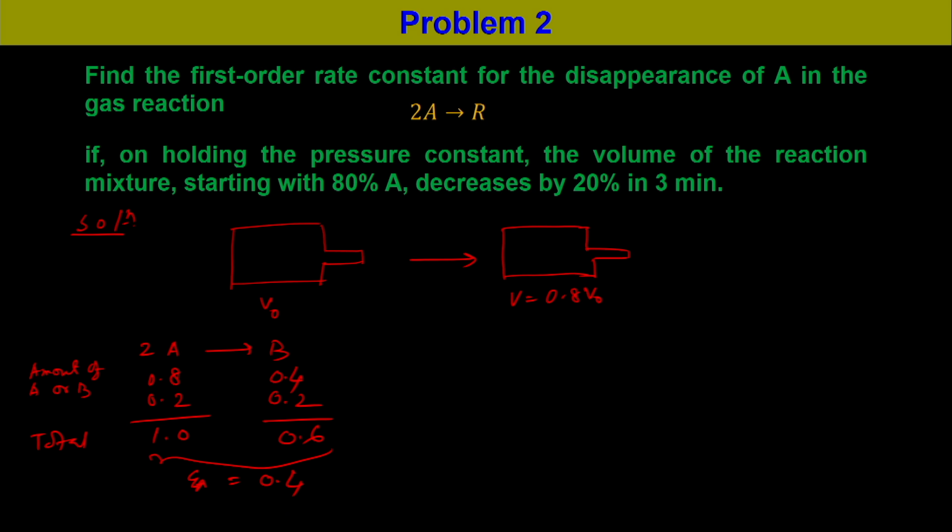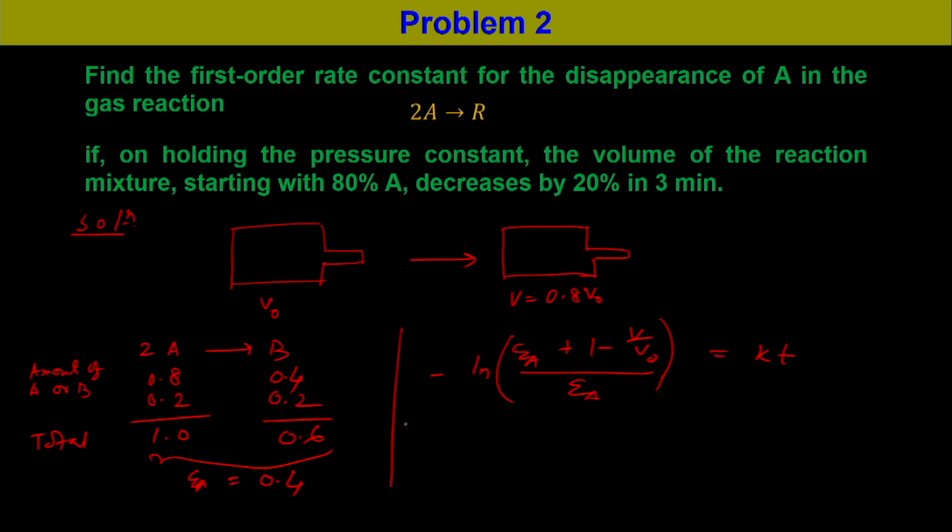Since this is a first order reaction, as we have derived for varying volume systems, we can write minus ln((epsilon A plus 1 minus V by V naught) by epsilon A) is equal to kt.